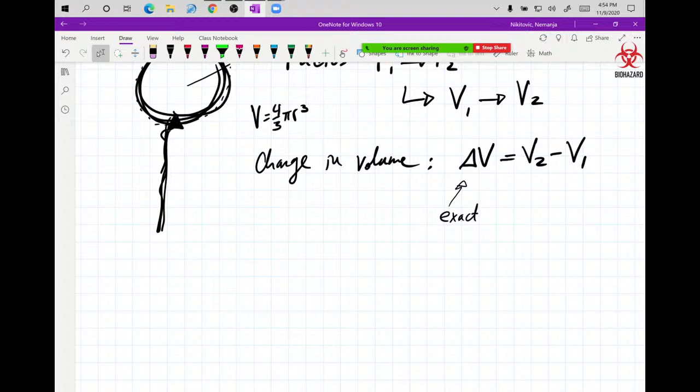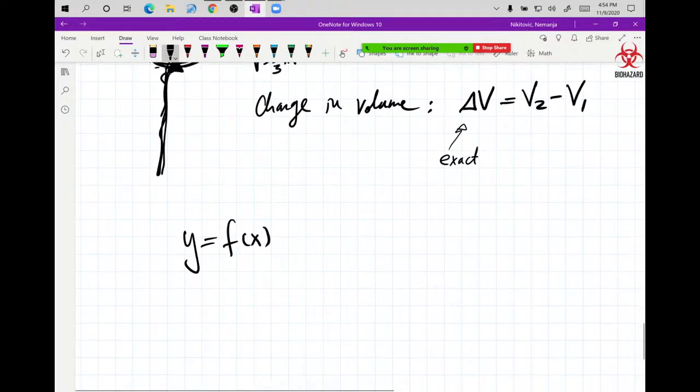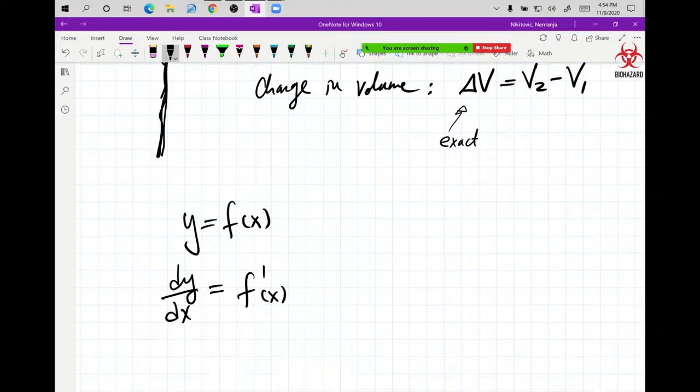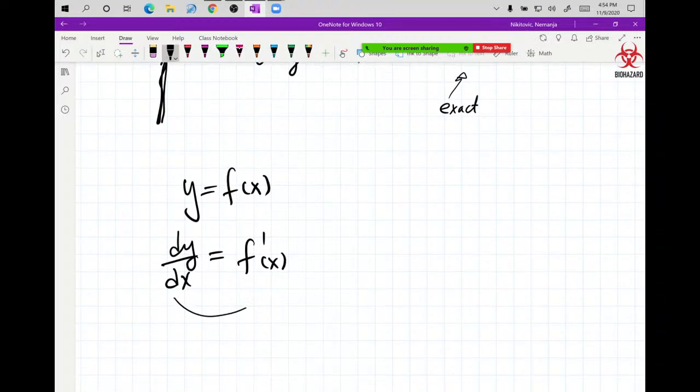Now, to derive differentials, you start by saying y equals f of x. And then when you differentiate this, you write the Leibniz notation on one side and that modified Newton notation on the other. And you simply move this dx to the other side.